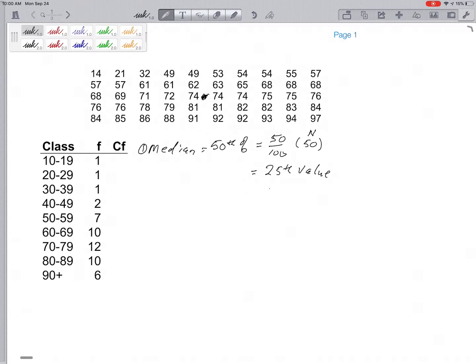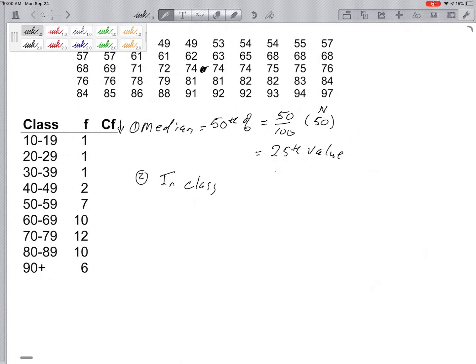Step number 2 is to figure out which class contains the median value, or in our case, the 25th value. So step 2, that is going to be in class. And this is where we're going to need to go to the less than cumulative frequency values. And so we're going to take each of these frequencies and start adding them up as we go down.